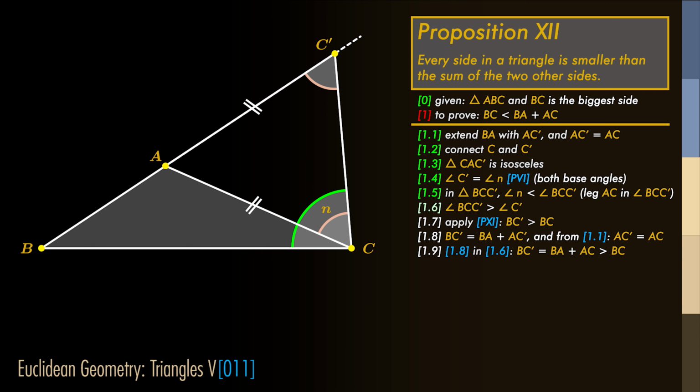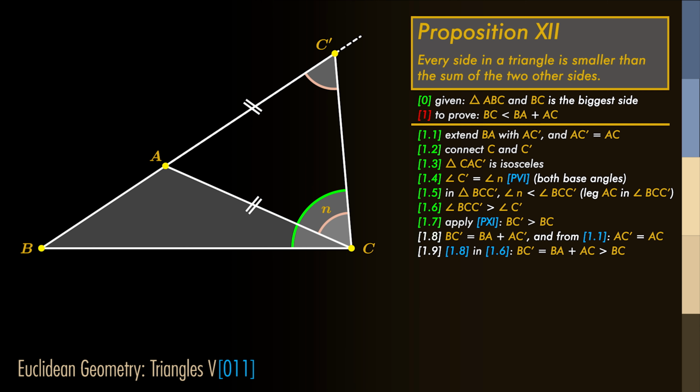So angle BCC prime is greater than angle C prime. And from proposition 11, we know that opposite a greater angle lies a greater side. So side BC prime is greater than side BC.